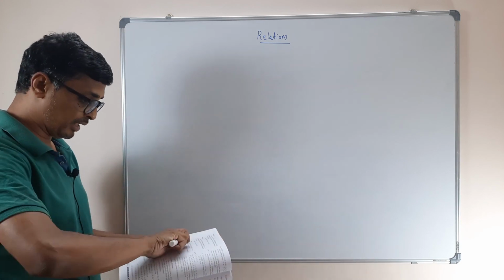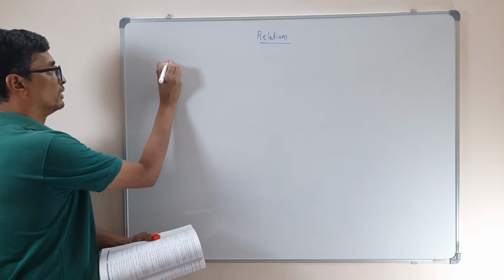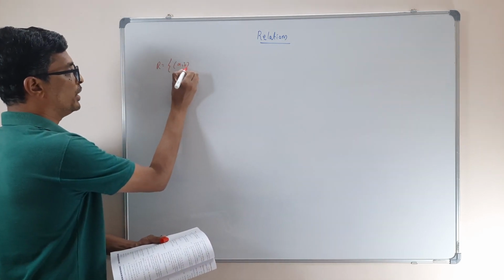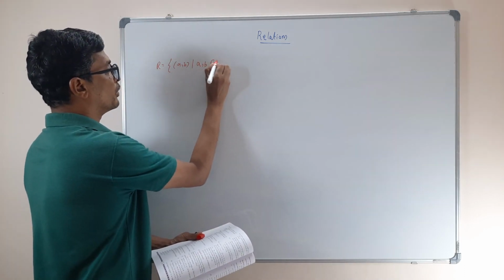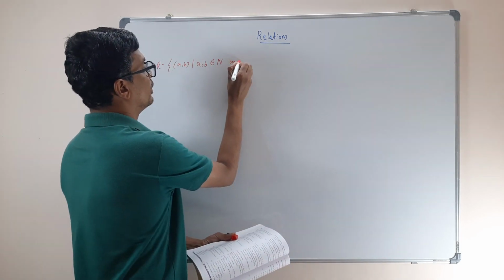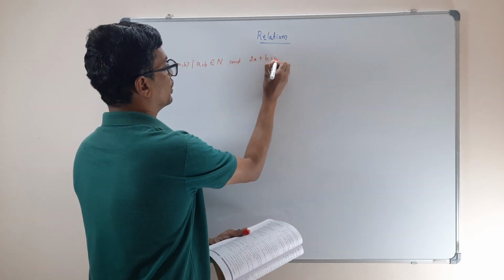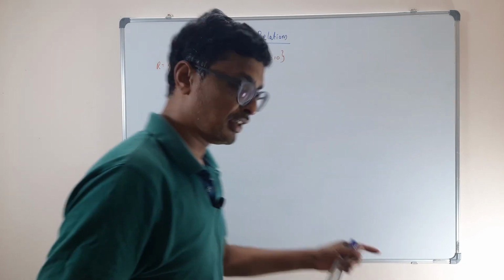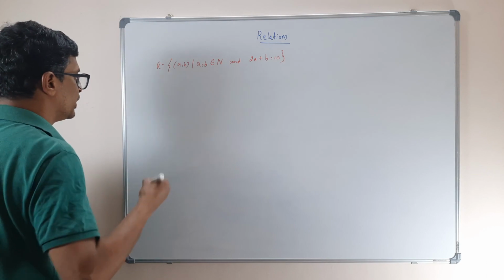They are defining a relation R. R is the set of ordered pairs (A, B) such that (A, B) is an element of natural numbers, and 2A plus B should be equal to 10. So we have defined a relation. Am I right? Now can you tell me what the elements of R will be?